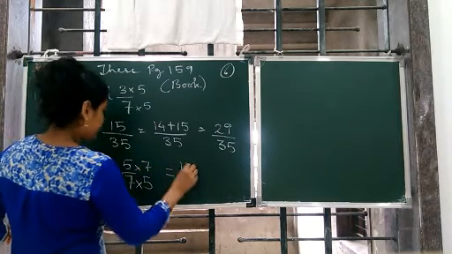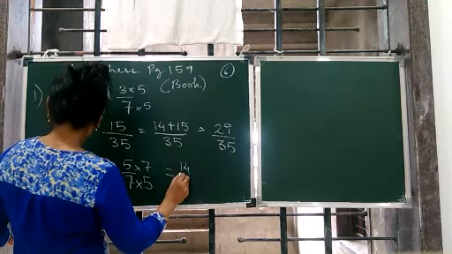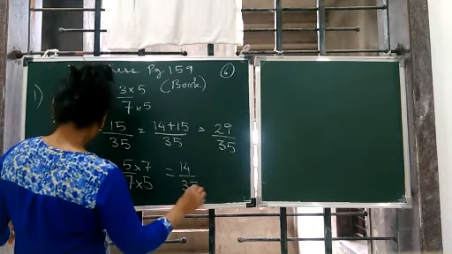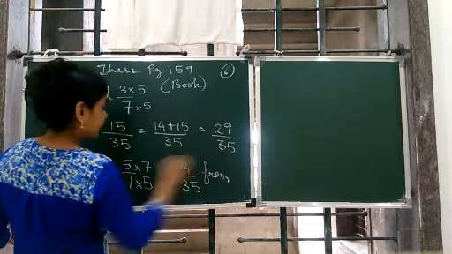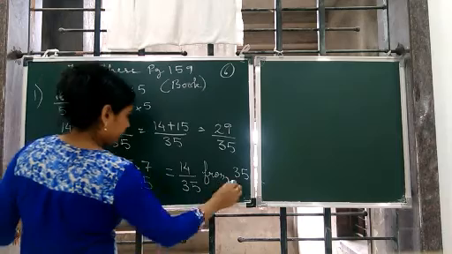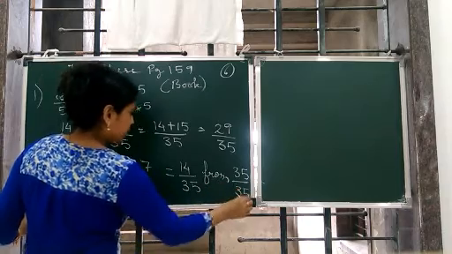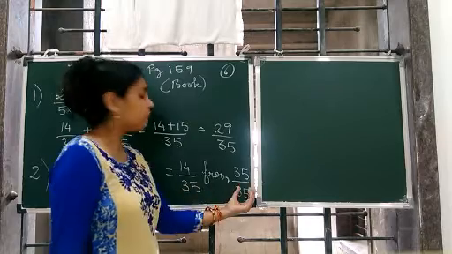Two sevens are 14. 5 sevens are 35, 7 fives are 35. So now we have to subtract this fraction from this fraction.